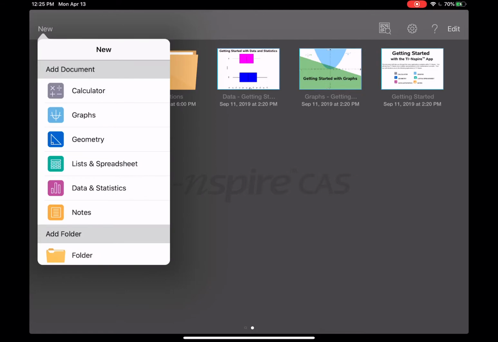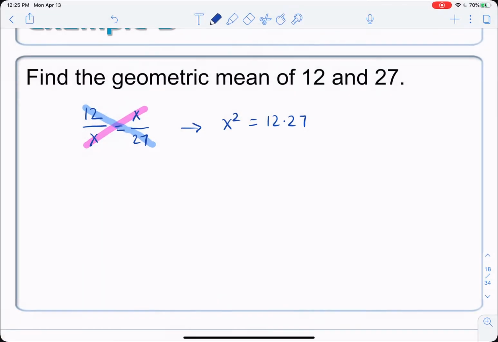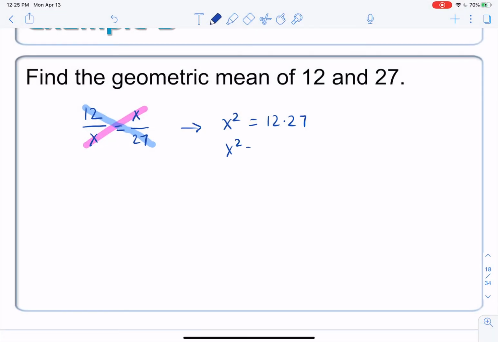Maybe I need myself a calculator here. Let's calculate this. 12 times 27 is 324, of course. X squared is equal to 324. And just like the Pythagorean theorem, I have x squared is equal to something. So I take the square root of both sides and get x is equal to the square root of 324.